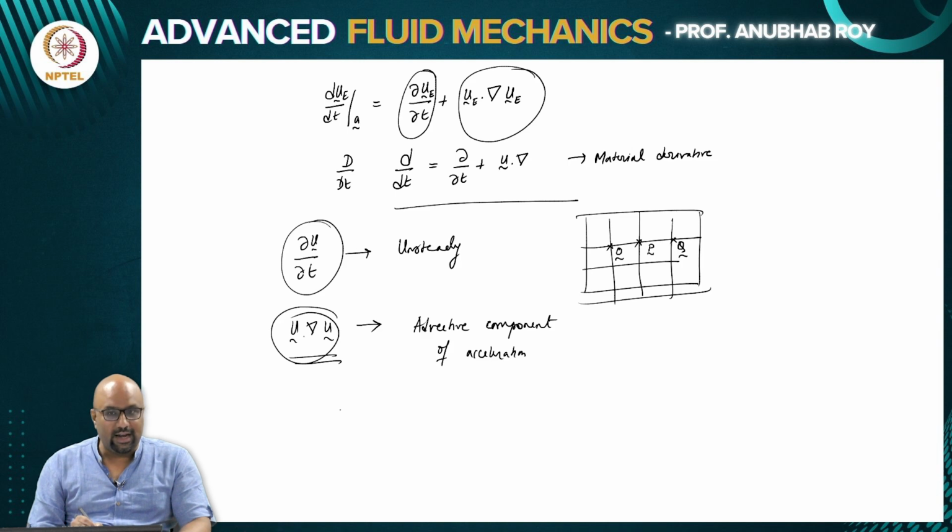So u dot del u is going to give you a non-zero term even if your velocity is not explicitly a function of time, because you have spatial variations of velocity.